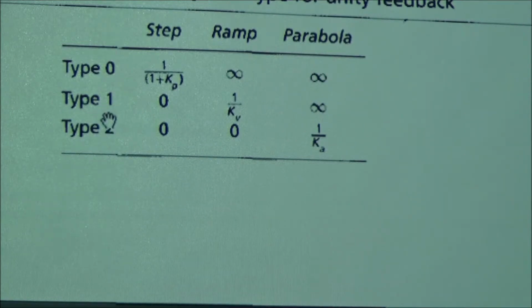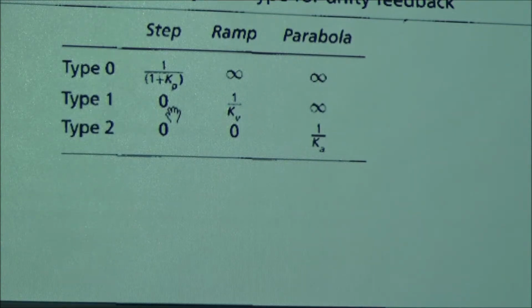The second row is for type 1. When you have a ramp input and type 1, then you have a finite error 1 over Kv, where Kv is the velocity constant. And if you have a step input into a type 1 system, you are always guaranteed zero error.